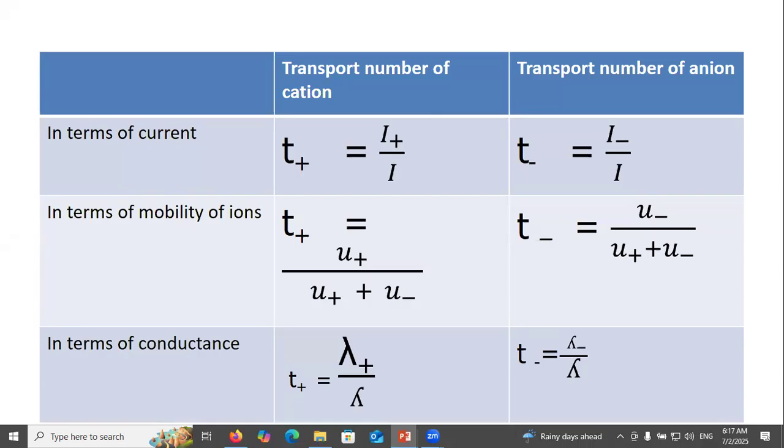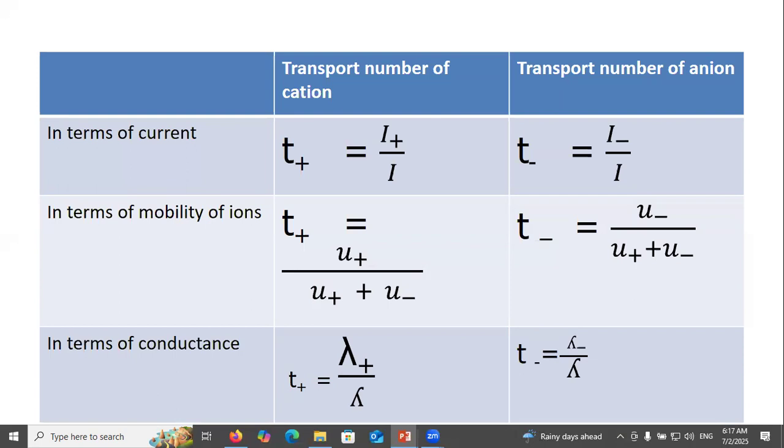In terms of current, T+ equals I+ over I, T- equals I- over I. In terms of mobility, T+ equals μ+ over (μ+ + μ-), T- equals μ- over (μ+ + μ-).